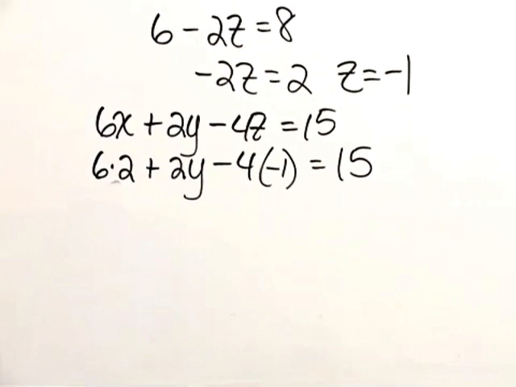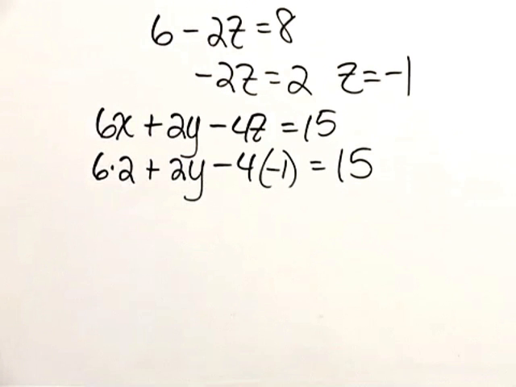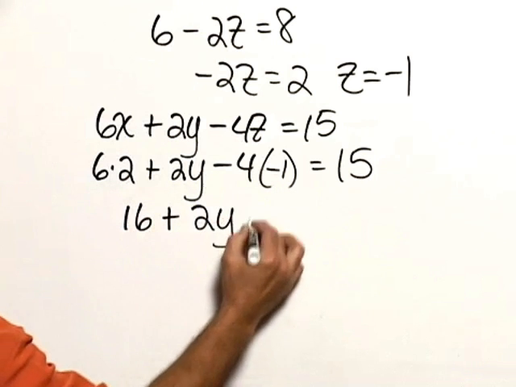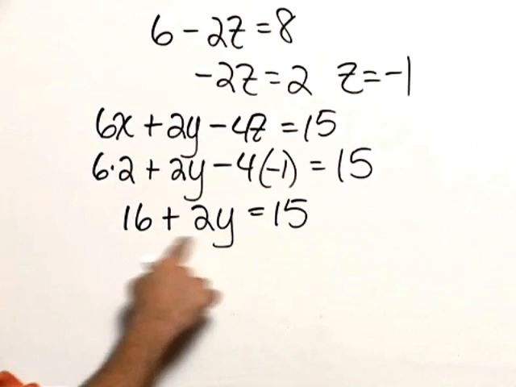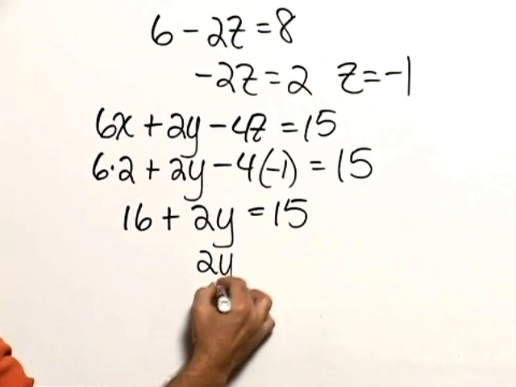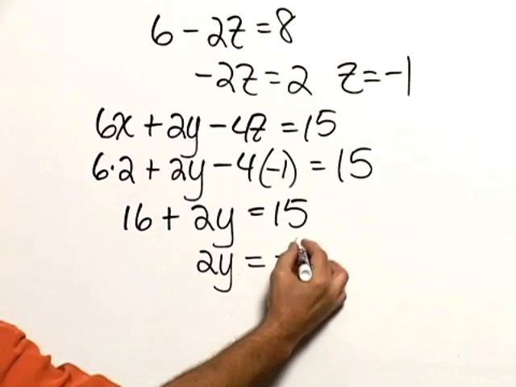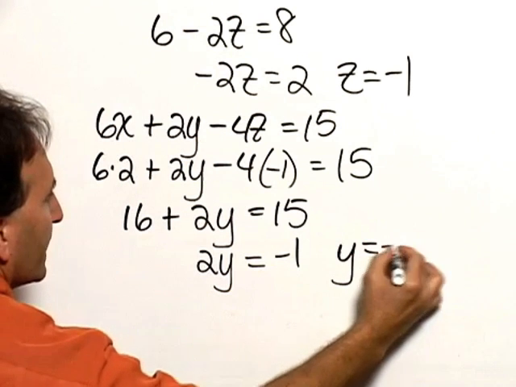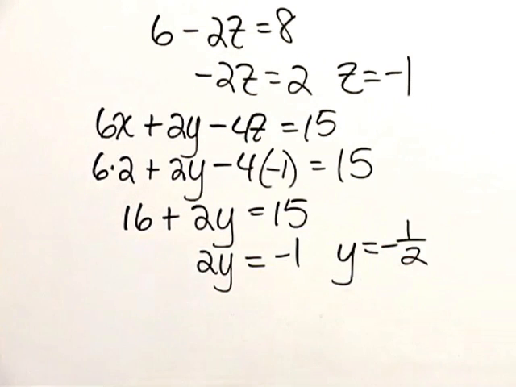Let's simplify the left-hand side. And so 6 times 2 is 12 plus 2y minus 4 times negative 1 is positive 4. 12 and 4 is 16. So 16 plus 2y equals 15. Subtracting 16 from each side, we get 2y equals negative 1. Dividing both sides by 2, we get y equals negative 1/2.